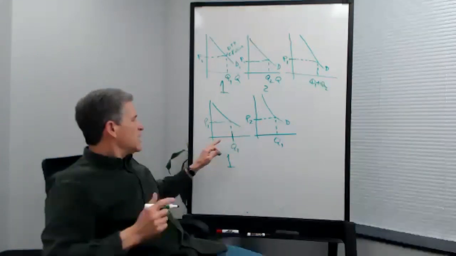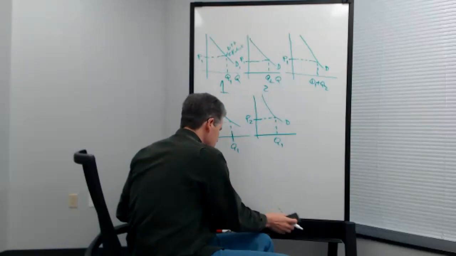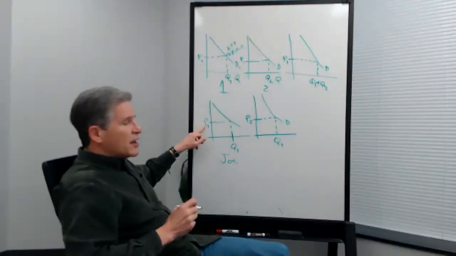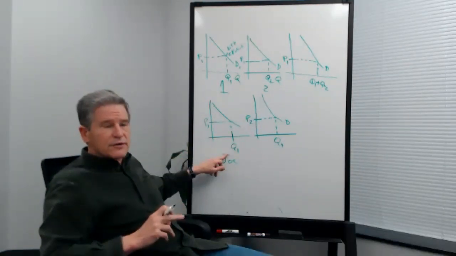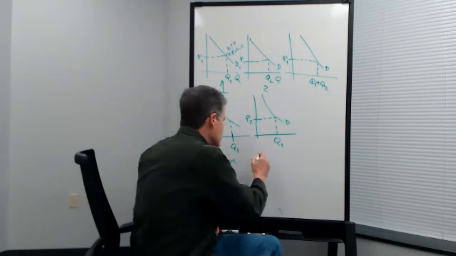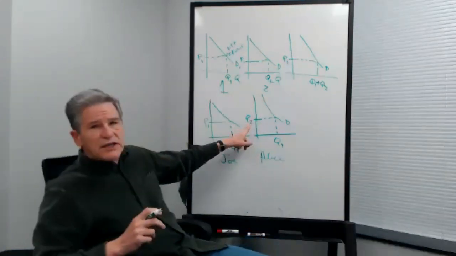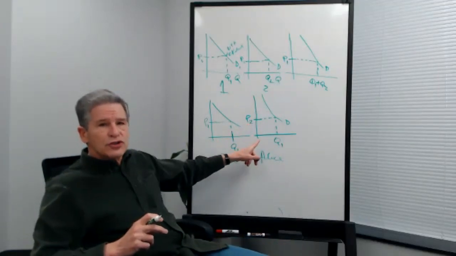And now you say, if Joe is willing to pay P1 dollars to get this unit of public good, and if Alice is willing to pay P2 dollars to get that same unit, then what's that unit worth to the two of them?